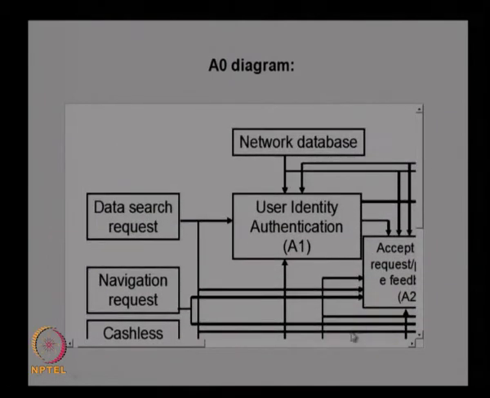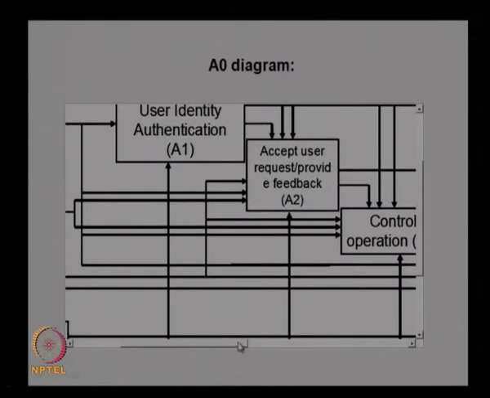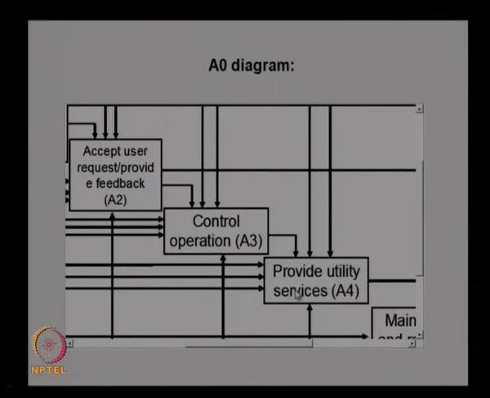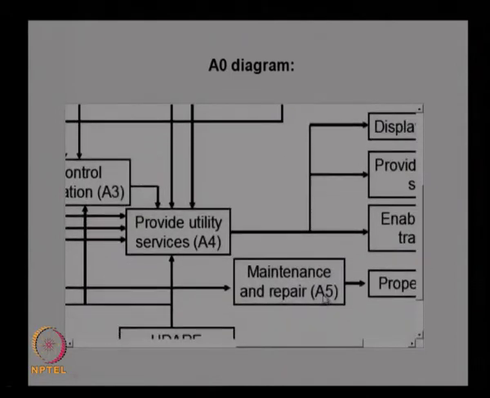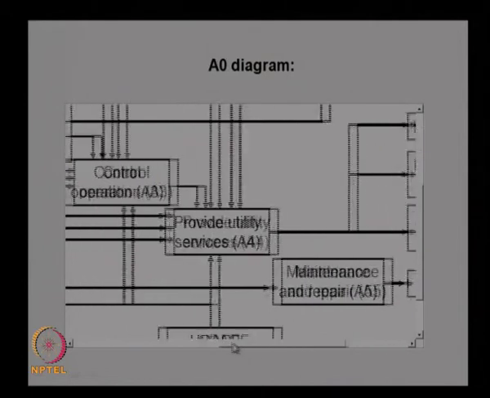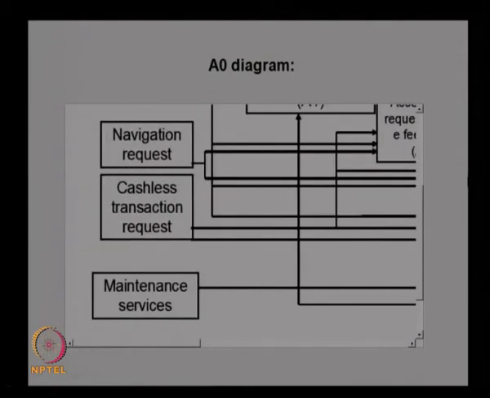detailed A0 diagram. These are the sub functions A1, A2, A3 and A4: A3 is control operation, A4 is provide utility services, then maintenance and repair. These are the 5 sub functions that need to be provided in the system, and their interactions are also shown, what kind of interactions are taking place.